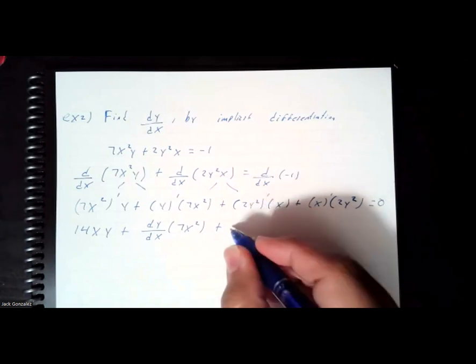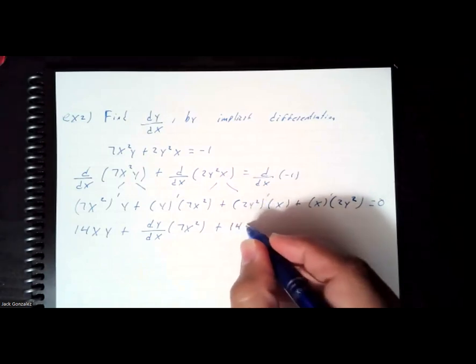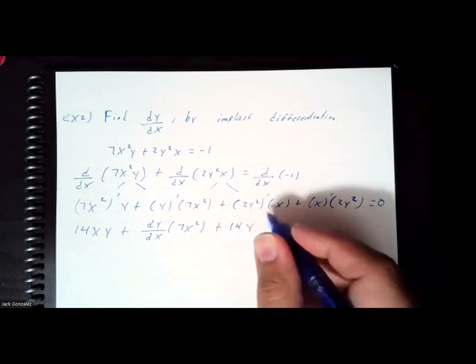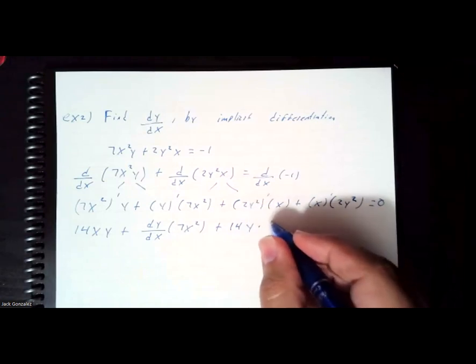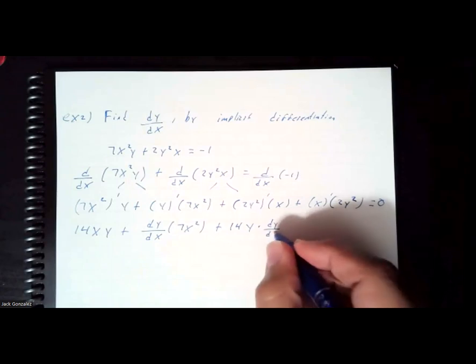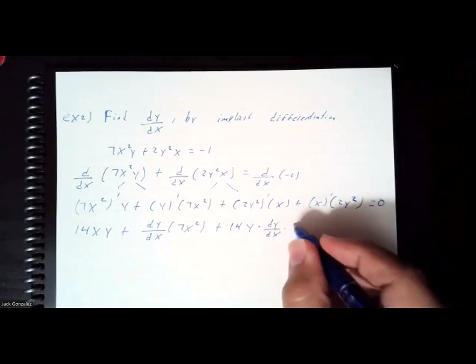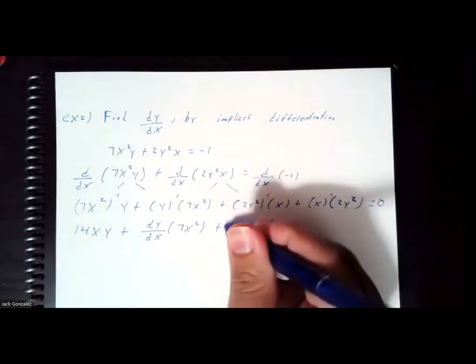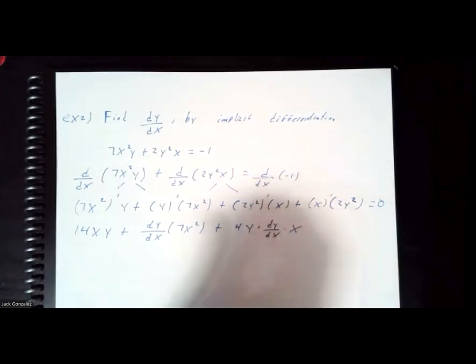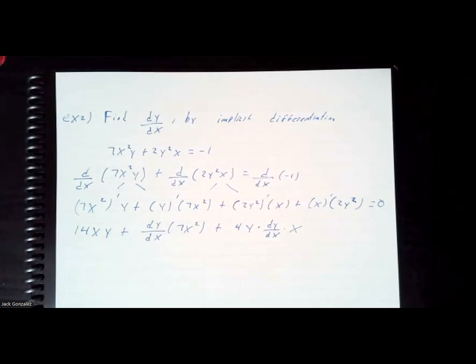Derivative of this, 14y would be the derivative, but then you tack on the dy dx. Why is it 14? Oh, I don't know why it is. It should be 4. That's because you probably did the 7 and still had that in your head. I guess so, yeah. I think so too.